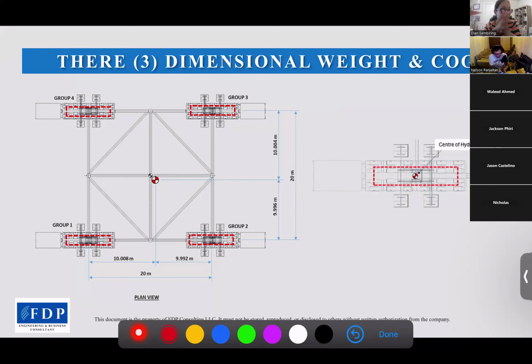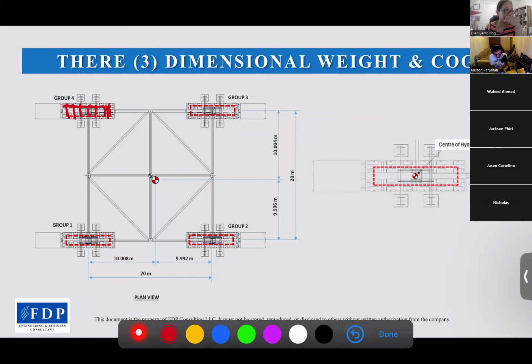For example, we have 6 axles on this SPMT, right? To make it one group, then the load on these groups will be at the center of this group.